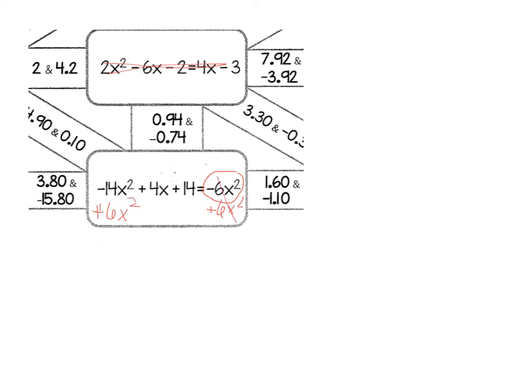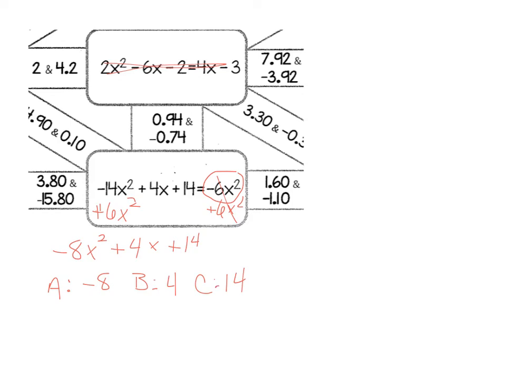So this is going to be negative 8x squared plus 4x plus 14. So my a is negative 8. My b is 4. And my c is 14.